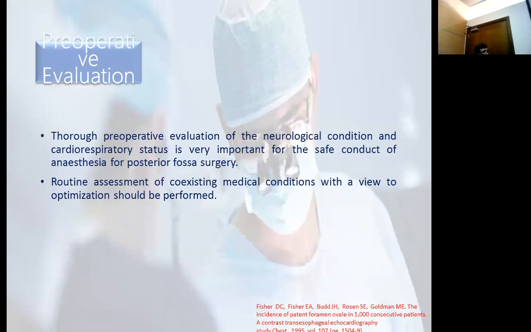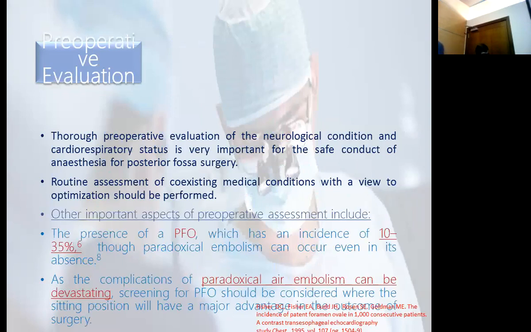Pre-op evaluation: as with any patient, they should be investigated, probably with a stress echo for PFO, because any communication between the right and left heart should be detected because of the incidence of paradoxical air embolism. As I said, the clinical manifestation of air embolism is at 0.25 ml per kilogram.